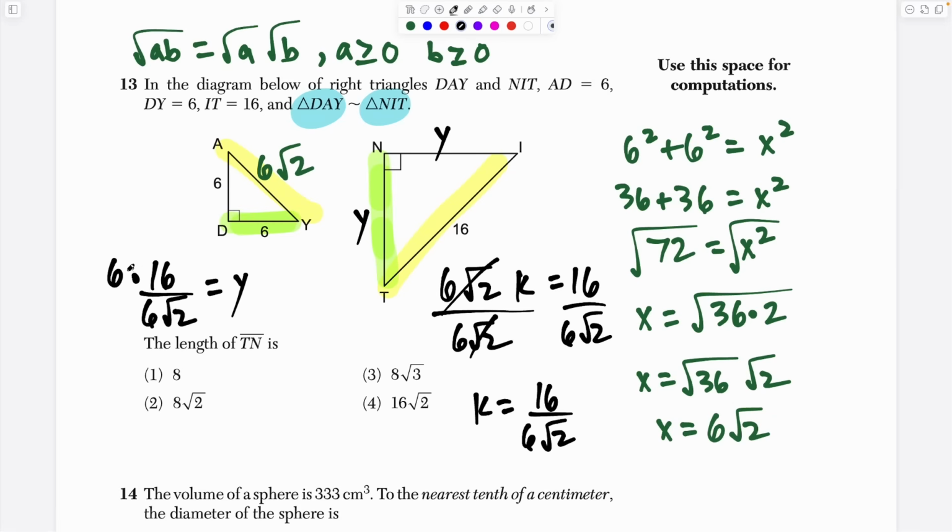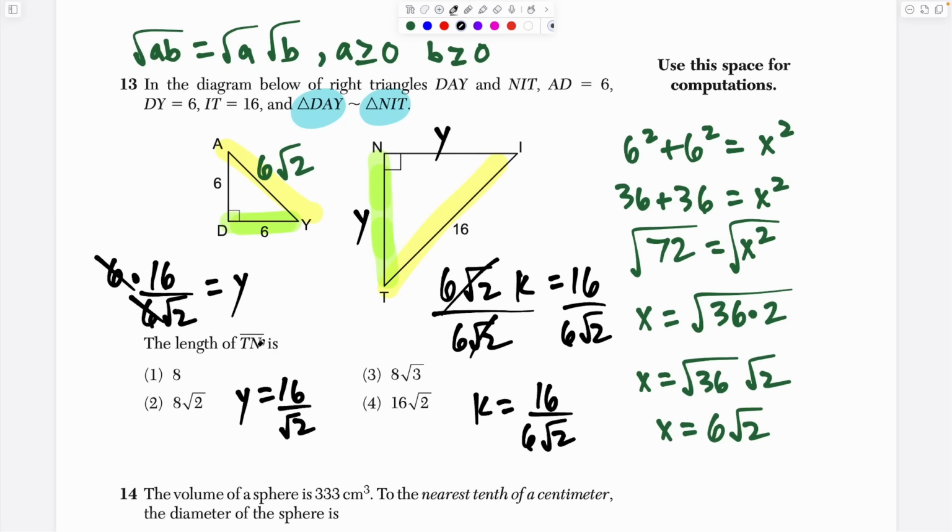And now notice when I work this out, 6 divided by 6 just cancels out, and I get y equals 16 over square root 2. But now what I could do is make the denominators match up. Now let's say at this point, or even at this point, you're like, whoa, this is way too difficult. You can use a calculator at this step to get the decimal value and then just type in all of the answers.